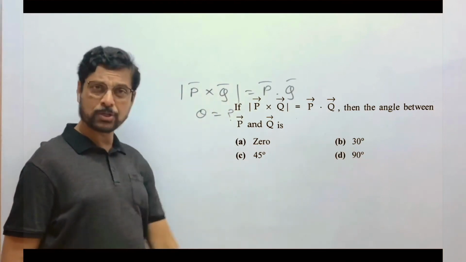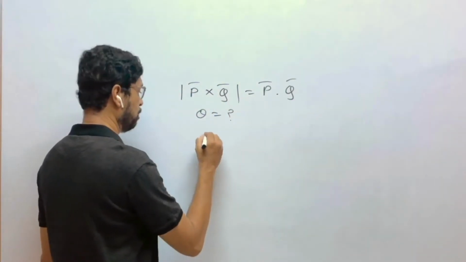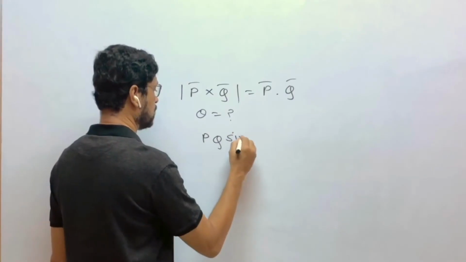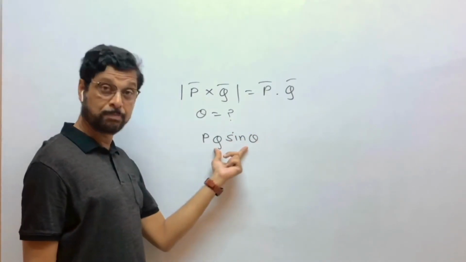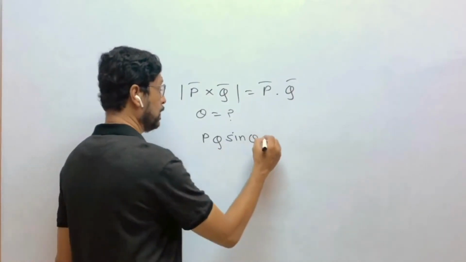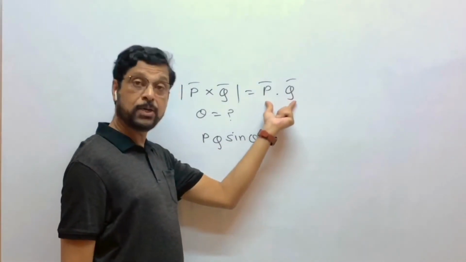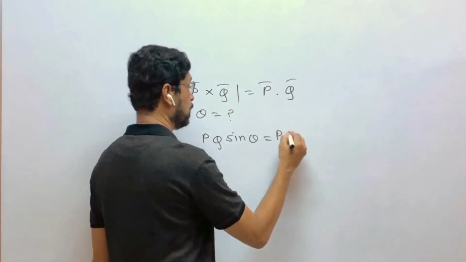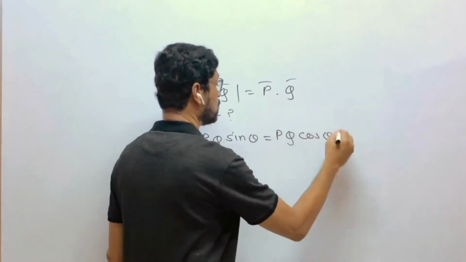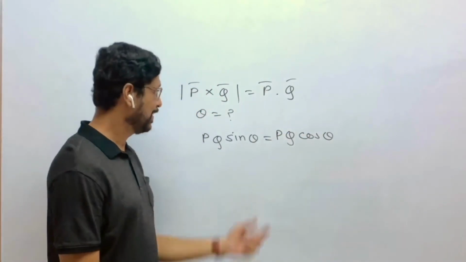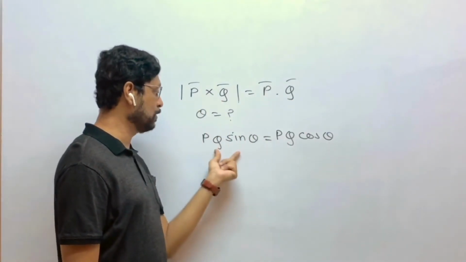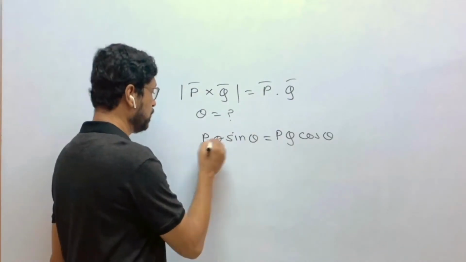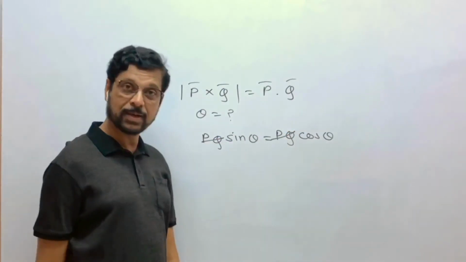Magnitude of P cross Q क्या होता है? P Q sin theta. Magnitude of P cross Q is P Q sin theta is equal to, what is P dot Q? P Q cos theta, right? P dot Q is P Q cos theta. This P Q gets cancelled.